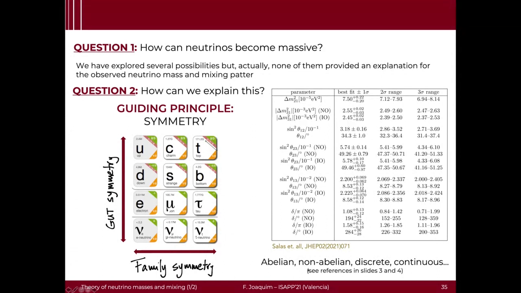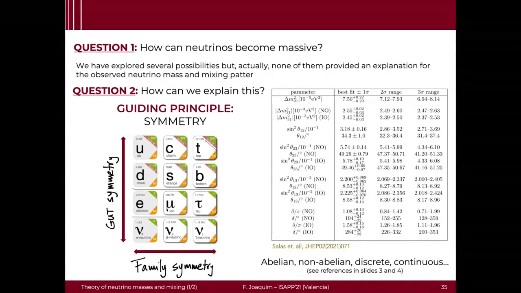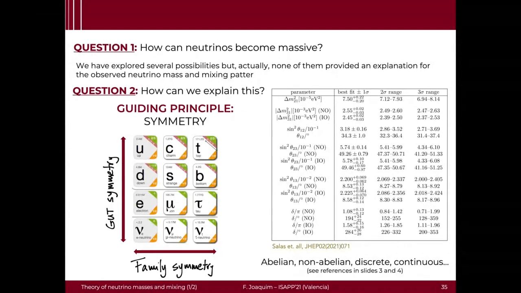Now these symmetries can be of many kinds: abelian, non-abelian, discrete, continuous, whatever. I gave you an extensive list of reviews where this is explored in detail. I will not be able to discuss it here, also because this is a school and to touch some of these subjects, one needs some knowledge of group theory. And I believe there were no lectures on group theory in the school, so it is a bit non-trivial to understand.